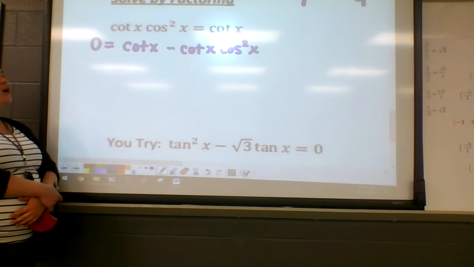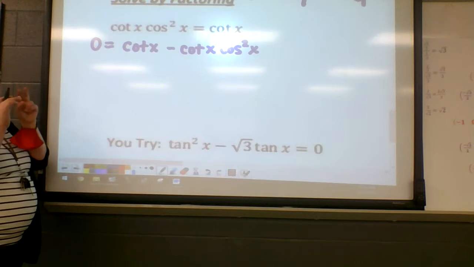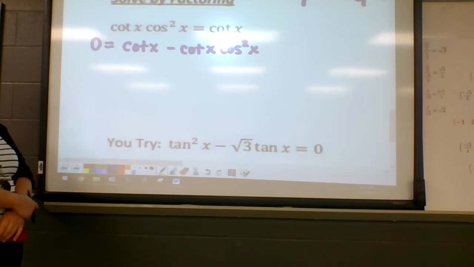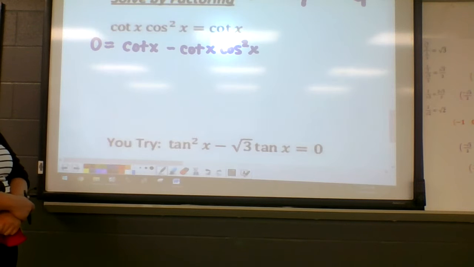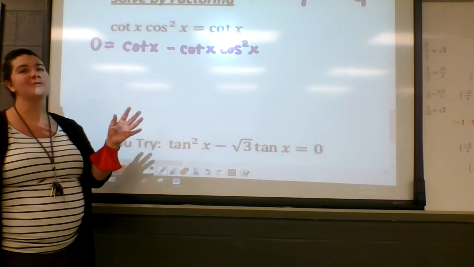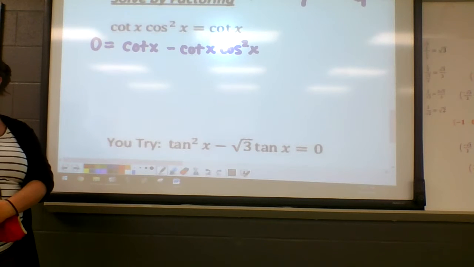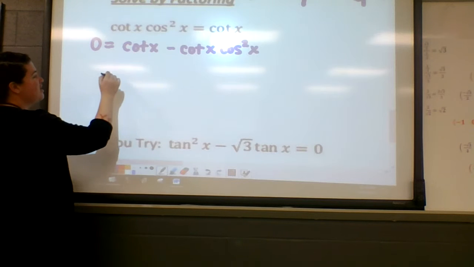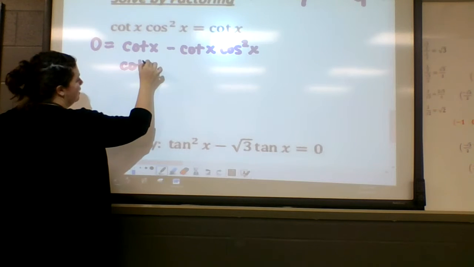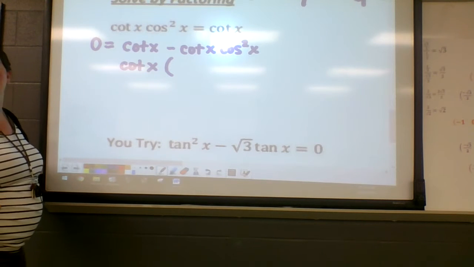All right, so we are going to factor, and these two terms that we have, there's only 2 terms here, have something in common. What do they both have? They both have an x, but we have to be more specific because things are happening to the x's, right? The cotangent of x. They both have cotangent of x's. So we're going to factor out a cotangent of x, and then in our parentheses, we'll have what's left over.